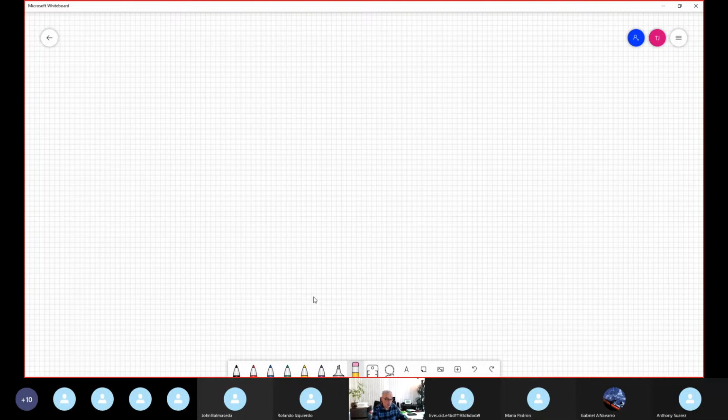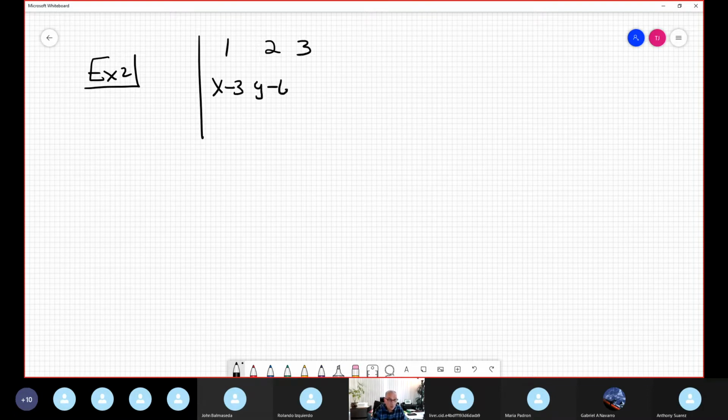One more. Suppose this, example 2 of the property. Suppose one determinant is given: 1, 2, 3; x minus 3, y minus 6, z minus 9; and 2u, 2v, 2w.